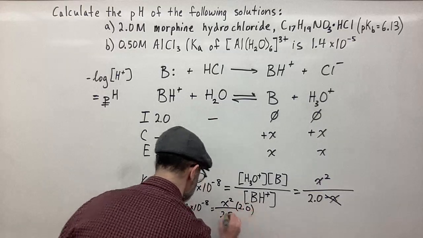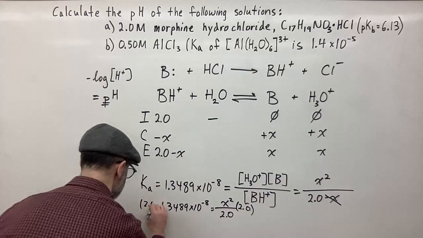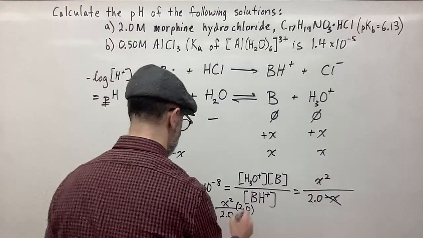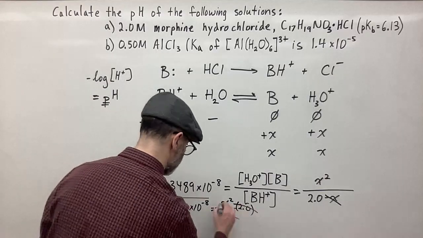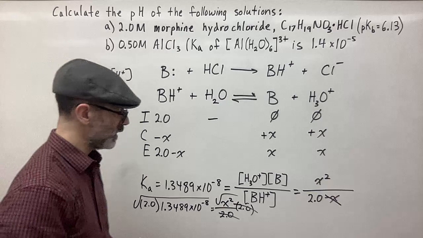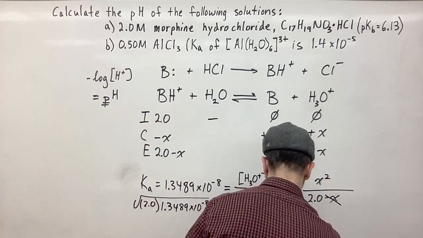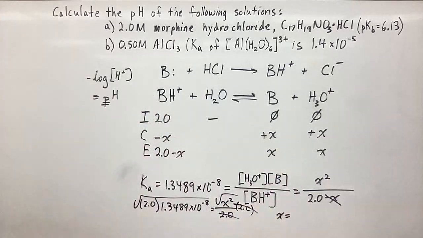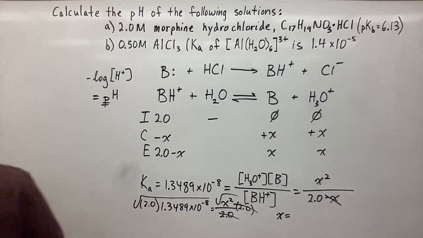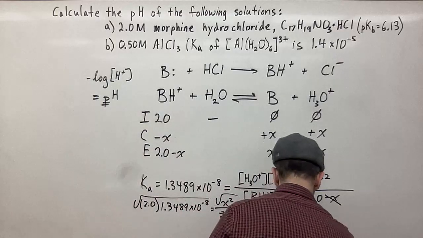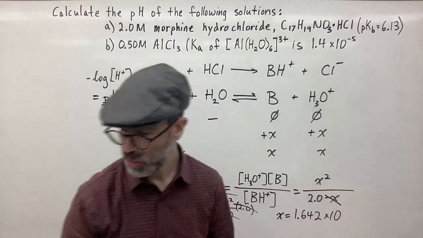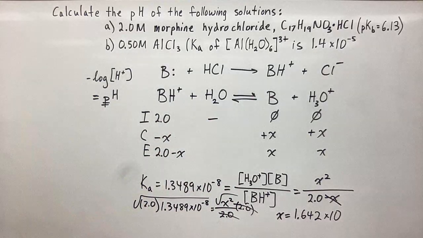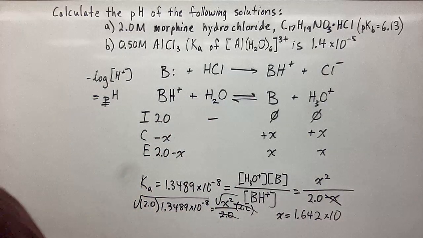Multiply both sides by 2.0, and then take the square root of both sides. So we get X is equal to 1.642 times 10 to the negative 4.